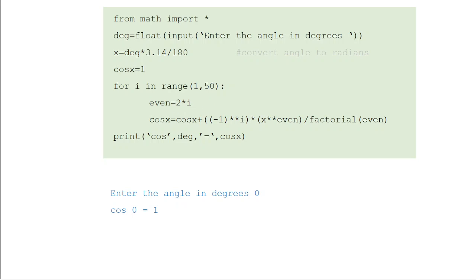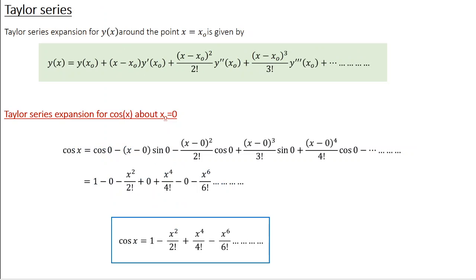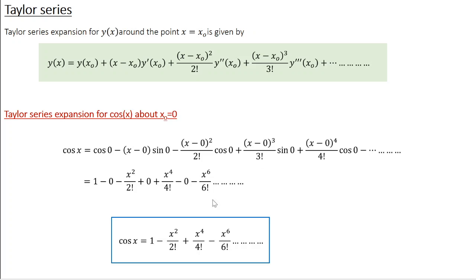Then inside the for loop, I need to now create this infinite series. So it starts with value 1, which I call cos x. So cos x equal to cos x plus, then look at the terms here. I have alternate plus and minus terms. So how do I create alternate plus and minus terms?